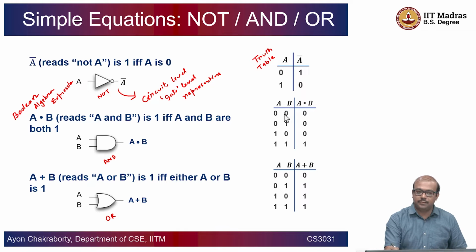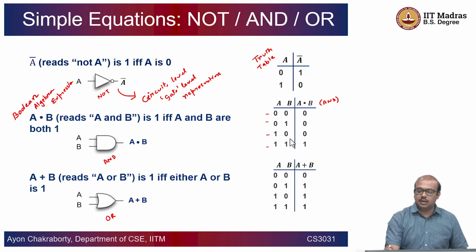So you are going to have 2 to the power 2, which is 4 rows, right? So 0 0, 0 1, 1 0, 1 1, and a dot b, which is the AND operation, is defined as: if you have at least one of the inputs as 0, the output is going to be 0. The output is going to be 1 only when both a and b are 1.